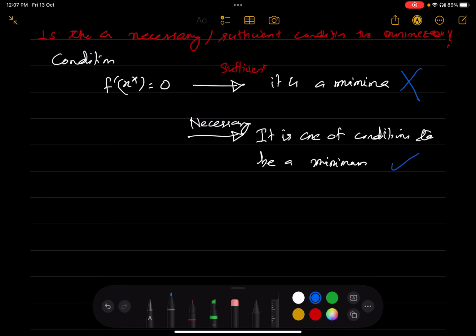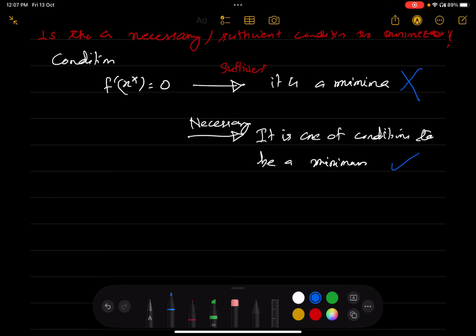So derivative not equal to 0, not a minimum. So whenever we say it is a minima, that is sufficient for the fact that the derivative at that particular point is 0. Okay, I hope it is clear to you.